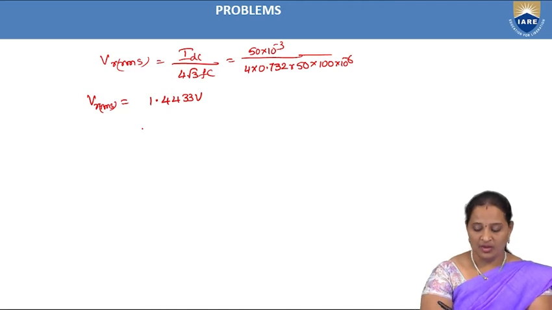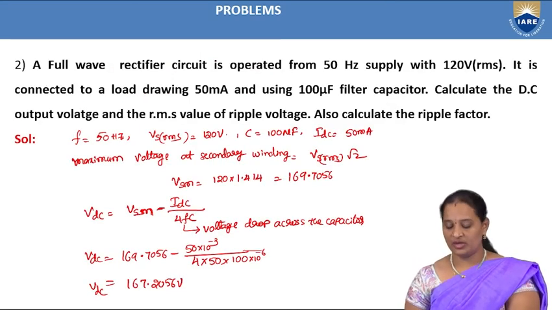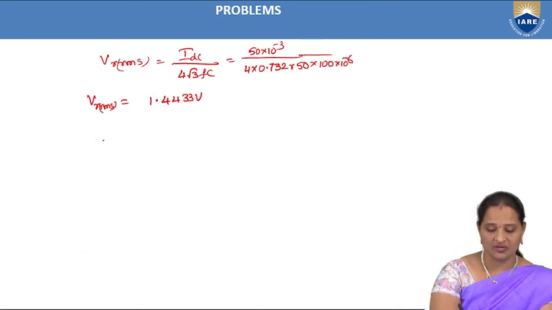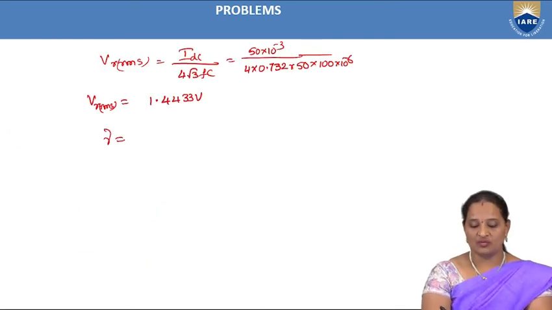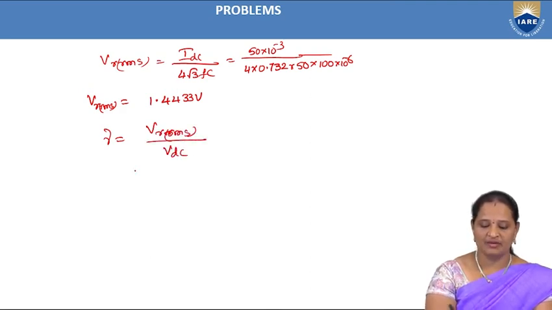Now he has also asked us to find the ripple factor. We already know the ripple factor formula is VR RMS divided by VDC.